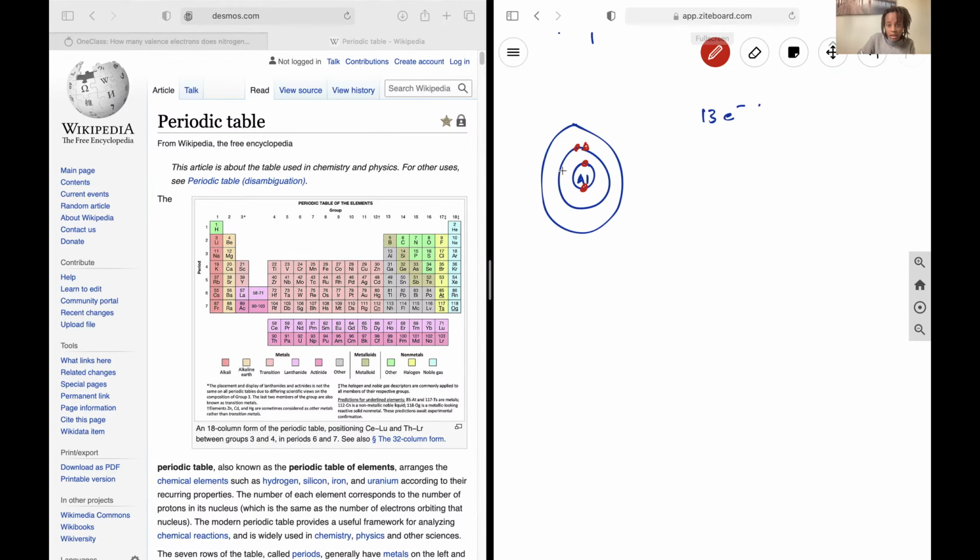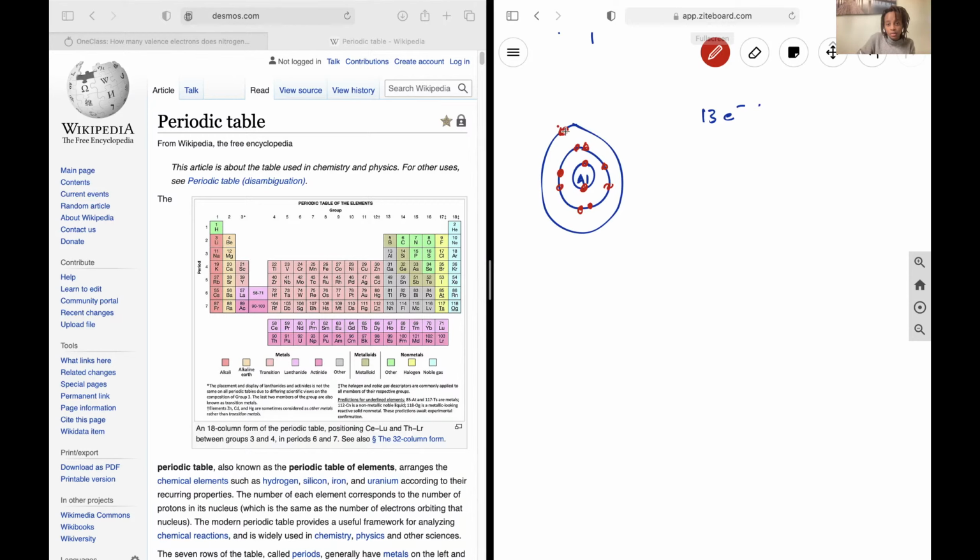Second shell can take 8. So we reach 10 now, and that leaves 3 on this last shell. And so if you're using this model, you would say that aluminum has 3 valence electrons.